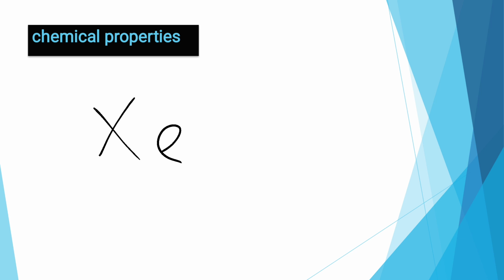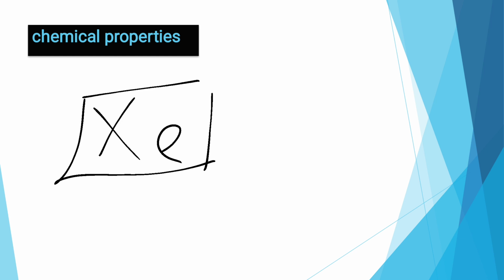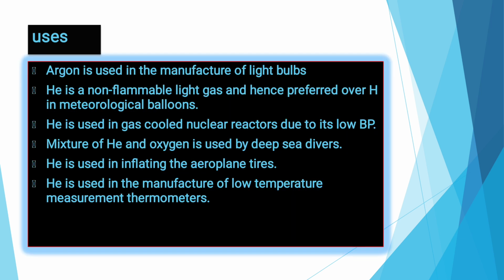This is because the high temperatures are able to supply the atom with sufficient energy that is required to lose an electron. So we don't have very many chemical properties that we can study under the group 8 elements, simply because they do not react with other elements at normal circumstances.